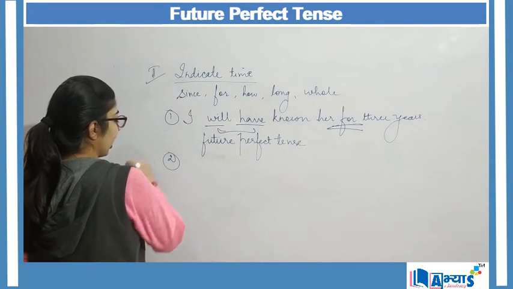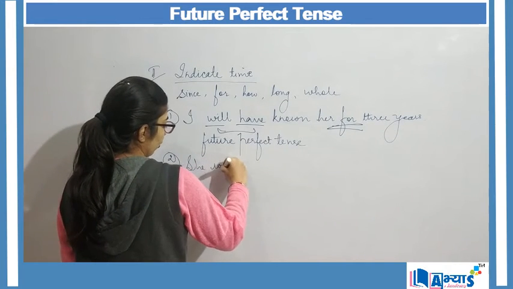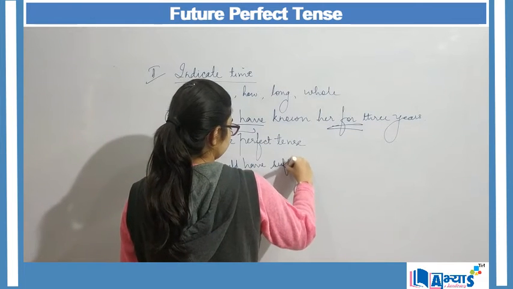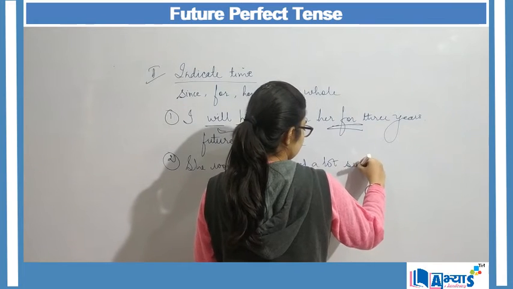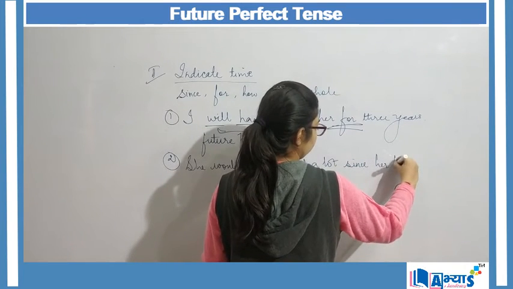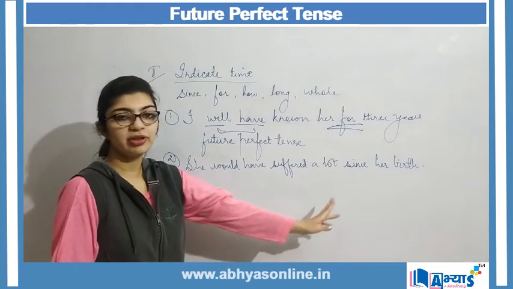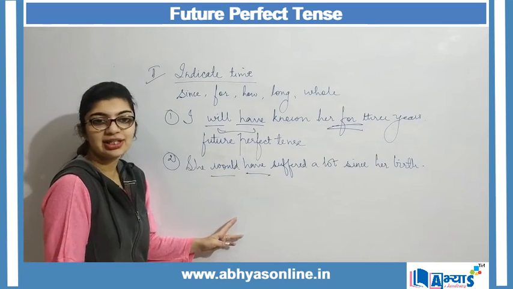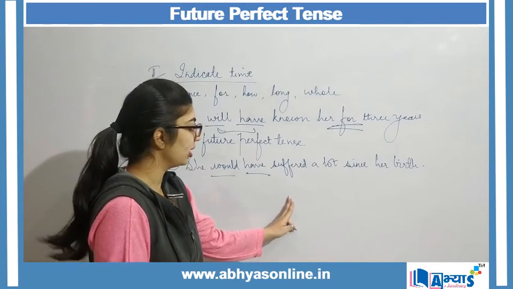Another example can be, she would have suffered a lot since her birth. Would plus have again indicates my future perfect tense with the third form of verb, suffered.